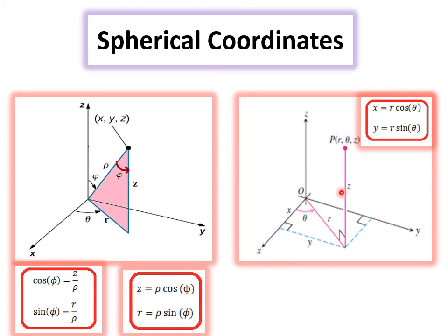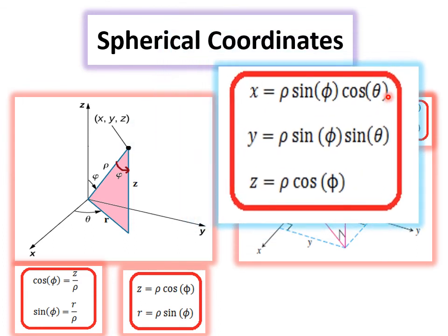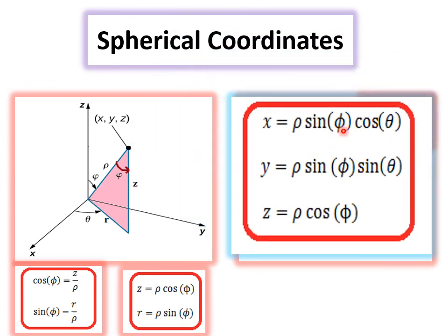Replace r in terms of rho and phi in x and y. So we will end up with the transformation x equal to rho sin phi cos theta, y equal to rho sin phi sin theta, z equal to rho cos phi. This is the transformation from Cartesian coordinate system to spherical coordinate system.